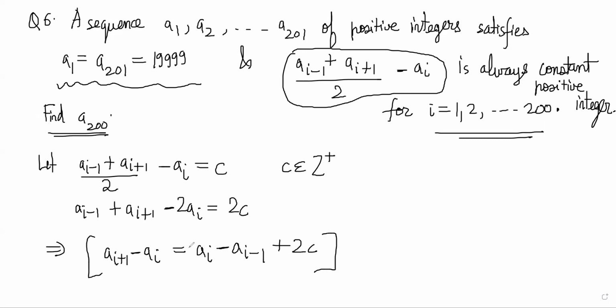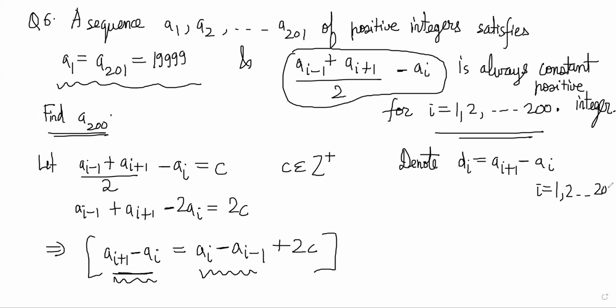We are just rearranging the terms here. Notice this is the difference of two successive terms, and this is also the difference of two successive terms. So let's denote d_i as A_(i+1) minus A_i, where i goes from 1 to 200. So this is basically d_i is equal to d_(i-1) plus 2C, right?